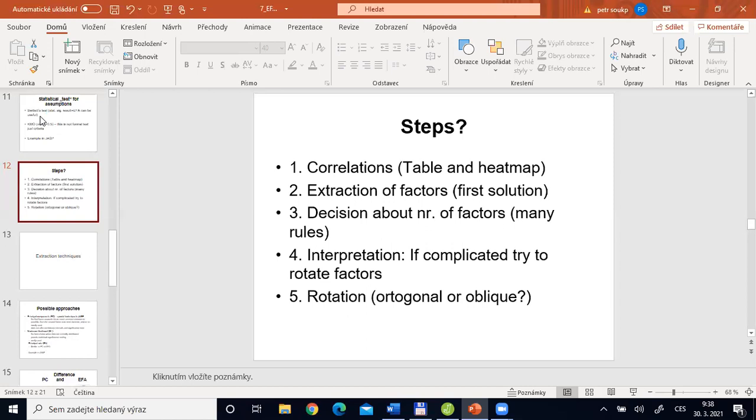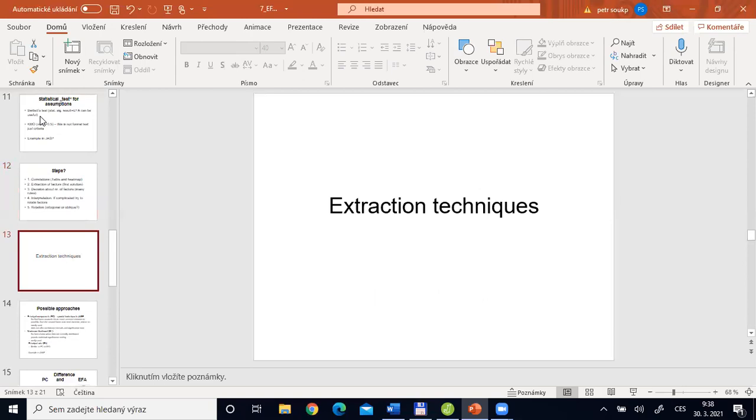We would discuss rotation later, so we would postpone this discussion. So here I would like to say only some general theoretical information about how exploratory factor analysis is computed.